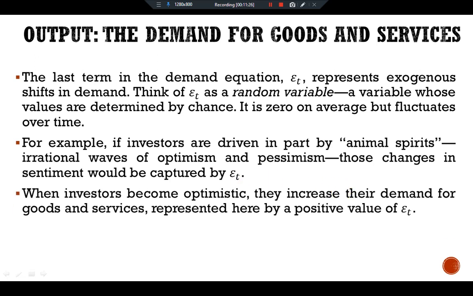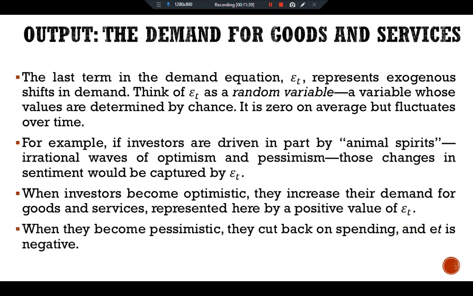When investors become optimistic, they increase their demand for goods and services, represented here by a positive value of epsilon T. When they become pessimistic, they cut back on spending and epsilon is negative. The variable epsilon T also captures changes in fiscal policy that affect the demand for goods and services.